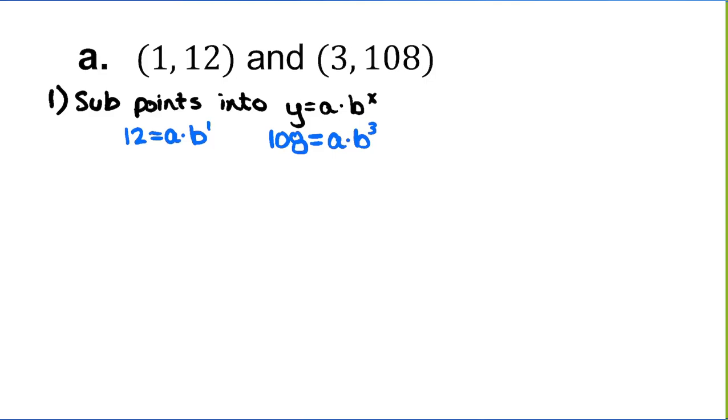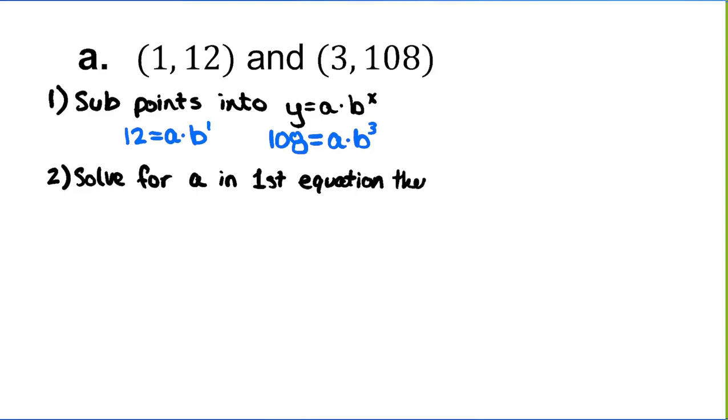Okay, so how are we going to solve for our variables? We're going to solve for a first. Solve for a in the first equation, then plug into the second.